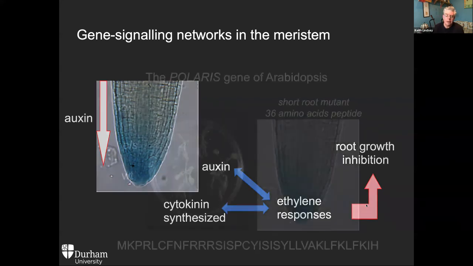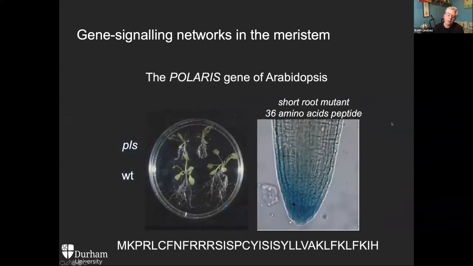Now, we identified, and this is a common way of understanding the molecular mechanisms involved in plant development, by looking for mutants. So we found a mutant, which we call the Polaris mutant, which has a very short root system compared with the normal wild-type plant. And we cloned the gene that was defective in this mutant, and it turns out to encode a short peptide, a 36 amino acid peptide.